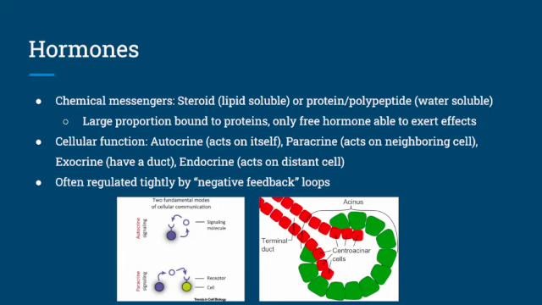This picture on the right is an acinus, which may have, for example, saliva. This might be a salivary gland, and it has a duct, and it will use that duct to move the saliva to the target tissue. And these hormones are often very tightly regulated by what's called a negative feedback loop, which is a really exciting piece of physiology that we're going to talk about shortly.